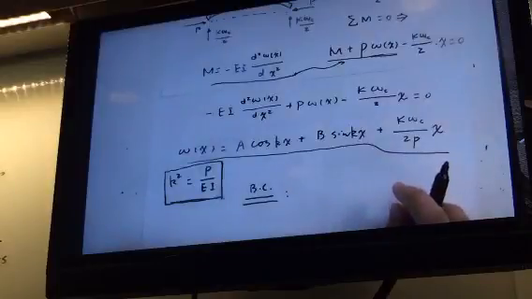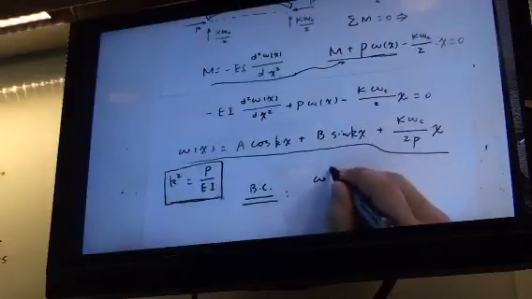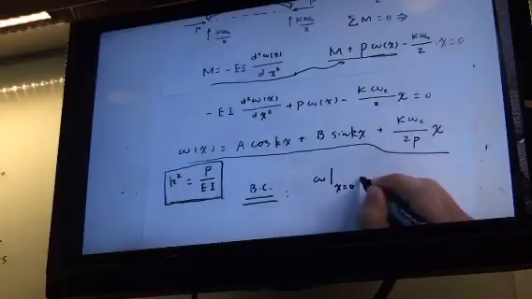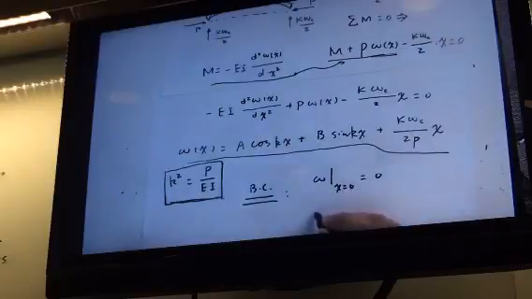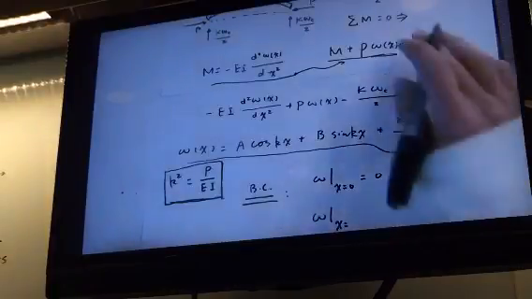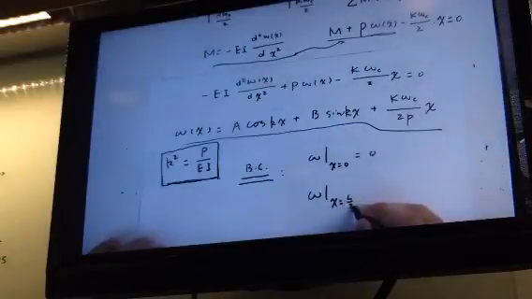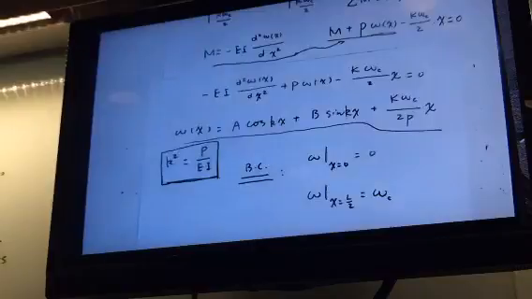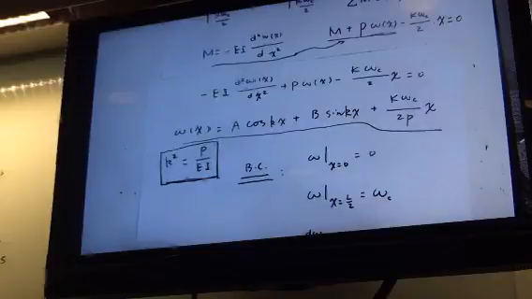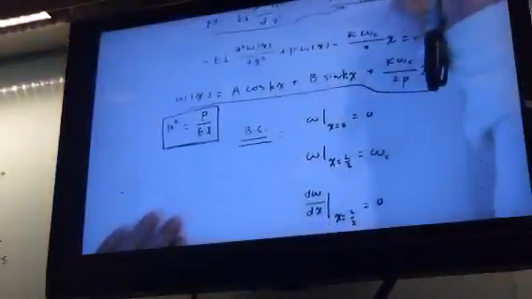The first boundary condition we can use is that the deflection at one end is 0, and at the other end, I should say in the middle point, the deflection is w_c. And the other one is that the rotation at the middle point is 0.